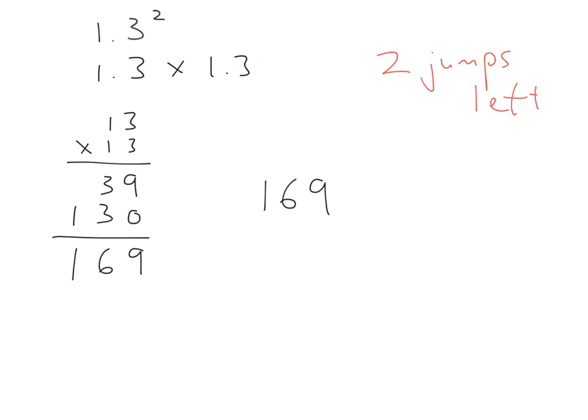So we start on the right side of the right number and we jump twice left. So we're jumping this way, okay? So 1 jump and 2 jumps. That's our last jump. So that's where we put the decimal. So our final answer should be 1.69.